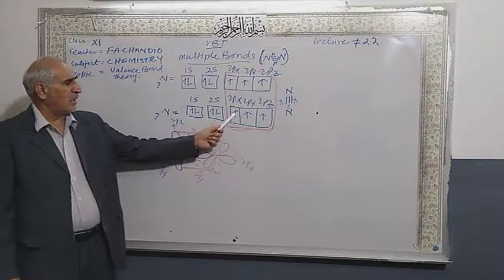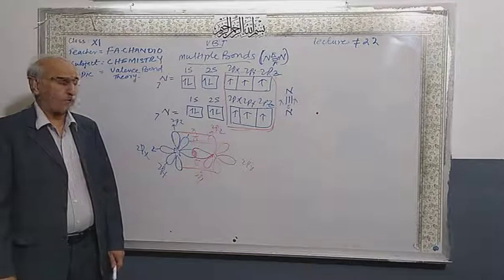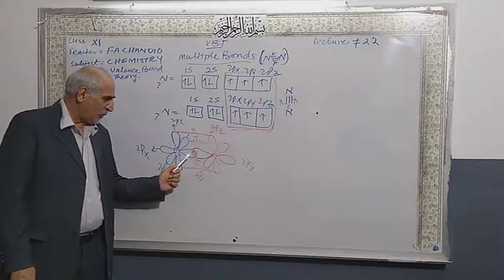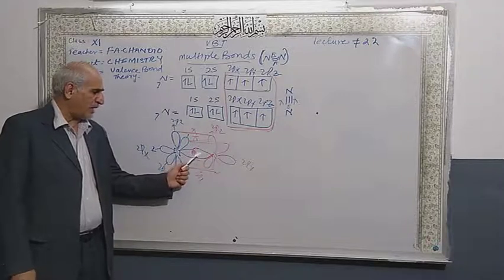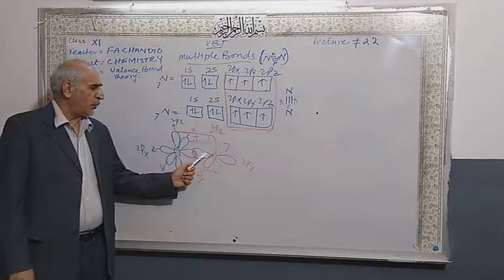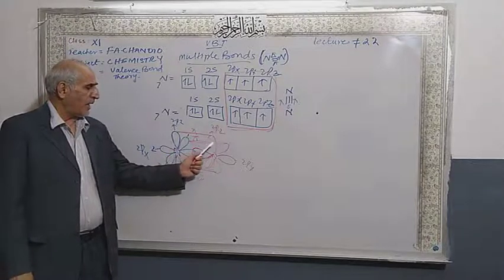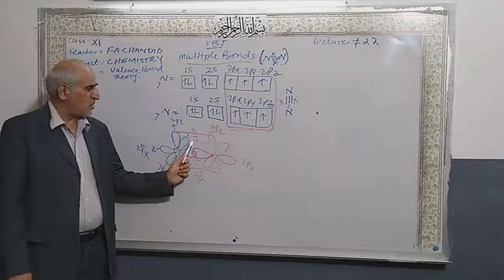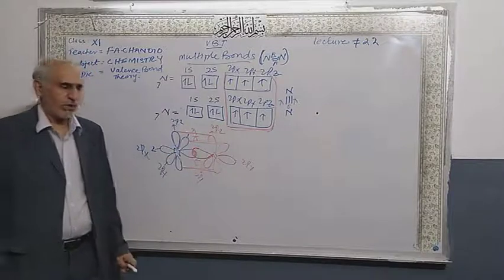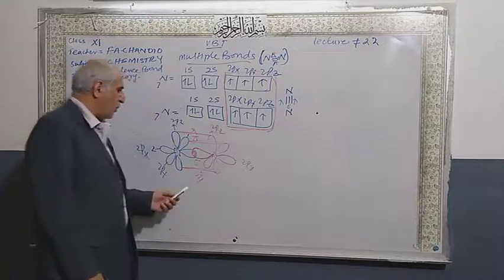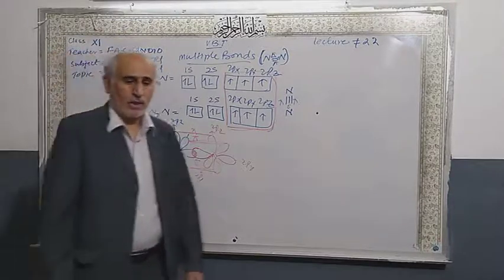So all the three unpaired electrons participate in the formation of bonding. End to end, straight overlapping, one end of the 2px and one end of the other 2px for both nitrogen to form a sigma bond. And parallel sideways overlapping between 2pz and 2pz, the overlap between them is not as strong as compared to sigma bond. So they are one pi bond and the other pi bond. This is the structure of nitrogen.